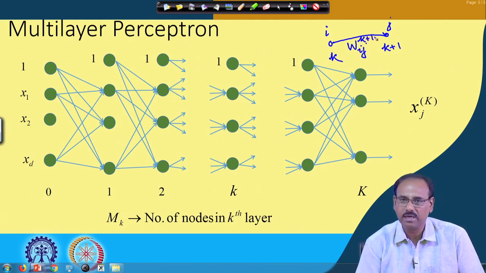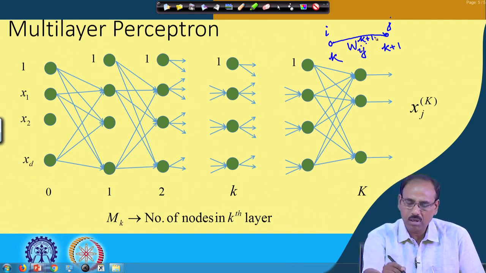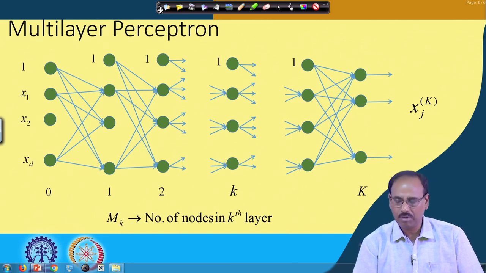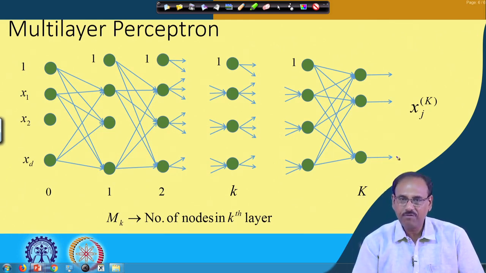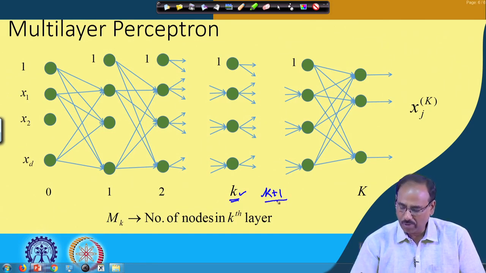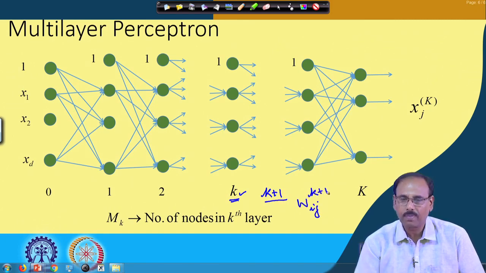So this is the convention that we will use when we discuss backpropagation learning. This is the overall architecture of our feed forward neural network. There are k number of layers. The kth layer is the final output layer. Every neuron i in an intermediate layer k is connected to the jth node in the k plus first layer through a weight given by w_ij^(k+1).